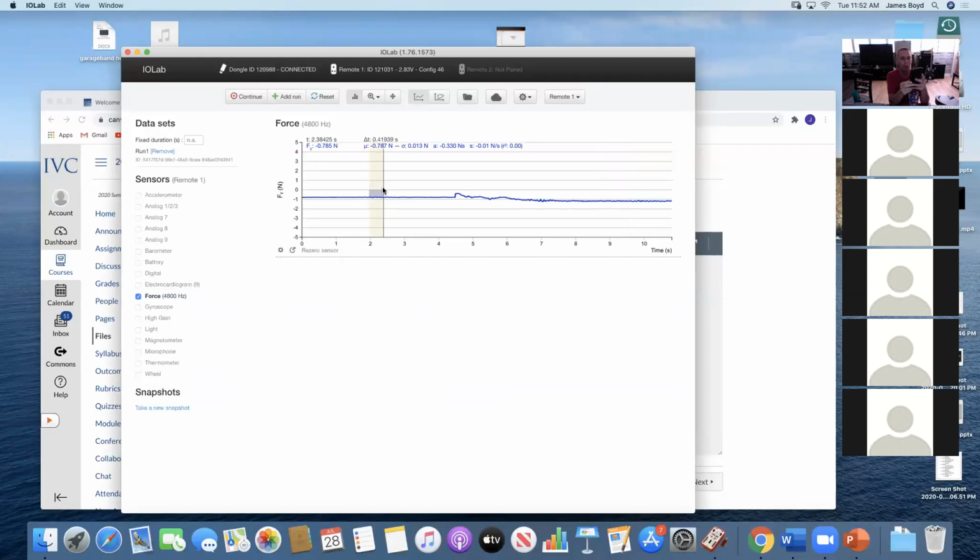Divide that by 9.8, and I get 40 grams. Okay, so I get 40 grams of water. I want the volume, so I also would divide this by 100 or 1,000, and I'll show you that math in a second. And I get 4.05 times 10 to the 5th for the volume of water displaced.